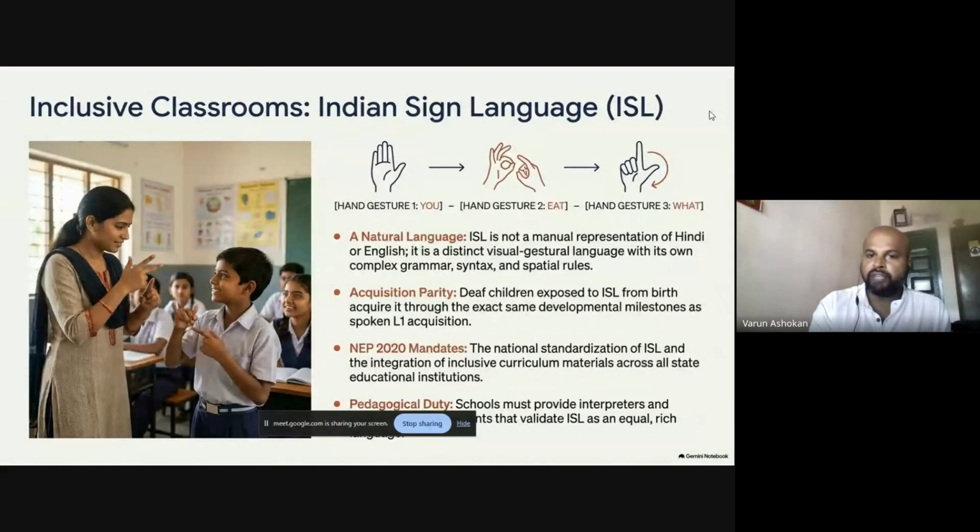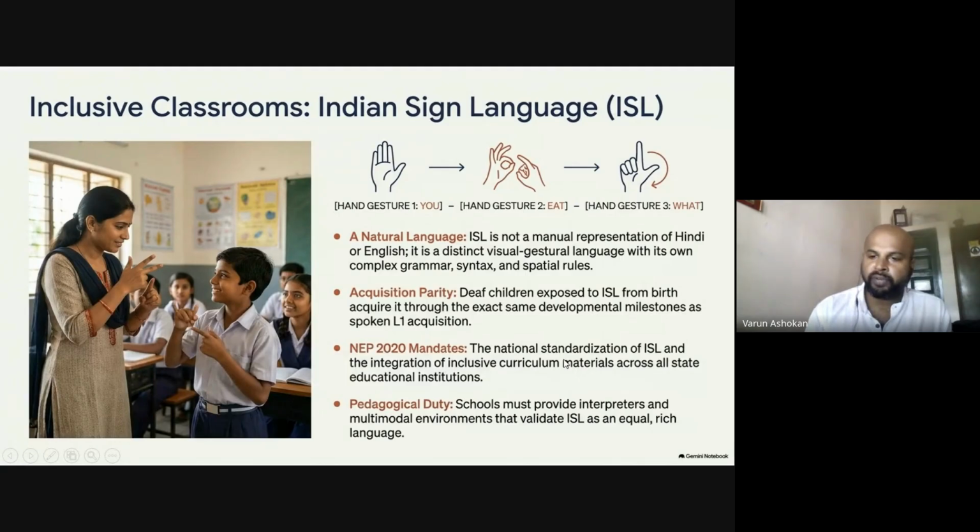In NEP 2020 also, it has been mandated that there should be a national standardization of Indian Sign Language and integration of inclusive classroom material across all the states and educational institutions. So there should be a pedagogical shift.